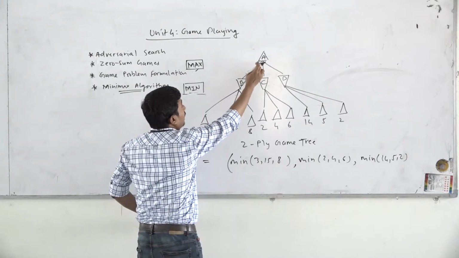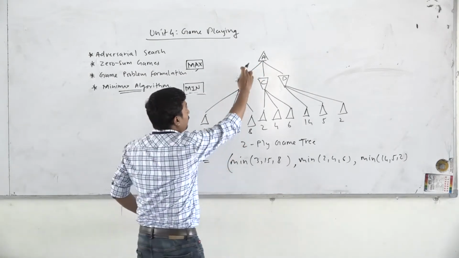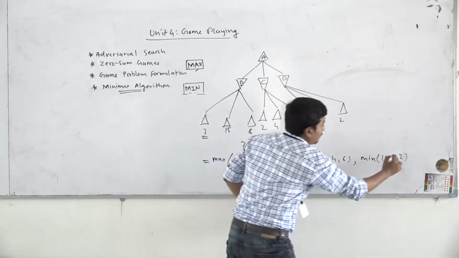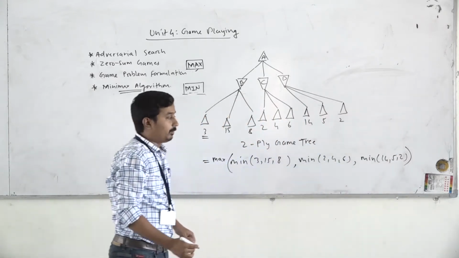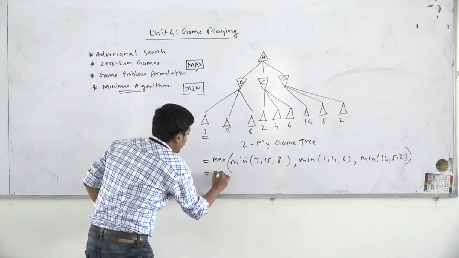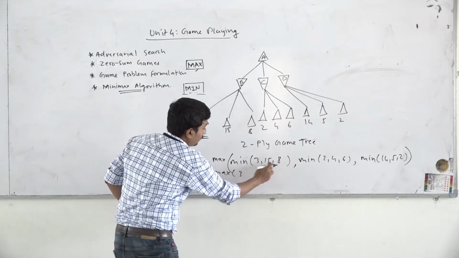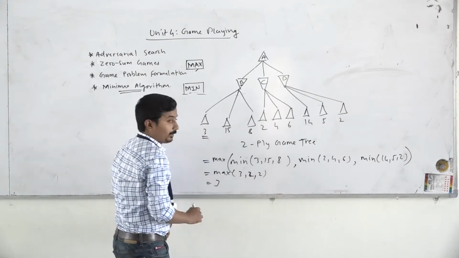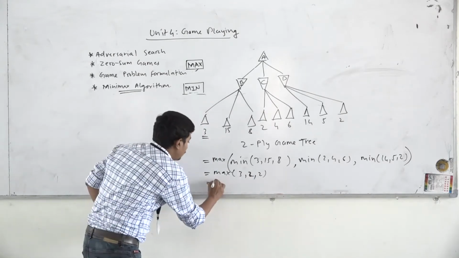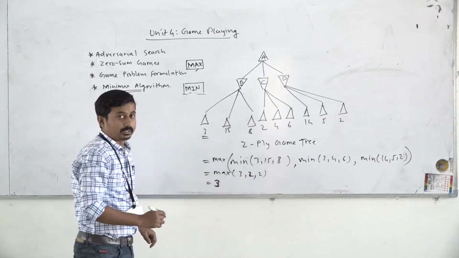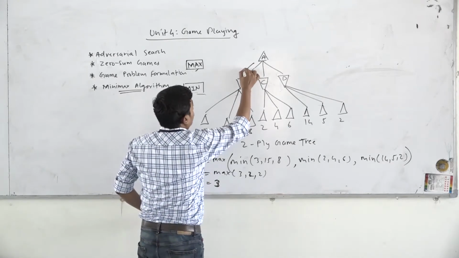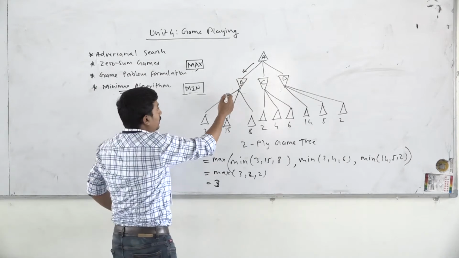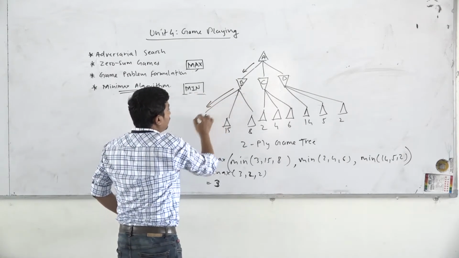Now this is the maximizing node. If that node wants to maximize its reward, it will take the max of these. So ultimately we get max of 3, 2 and 2, which is 3. In order to ensure a reward equal to 3, we have to make this move, and then in response to this move, the min player will play this move.